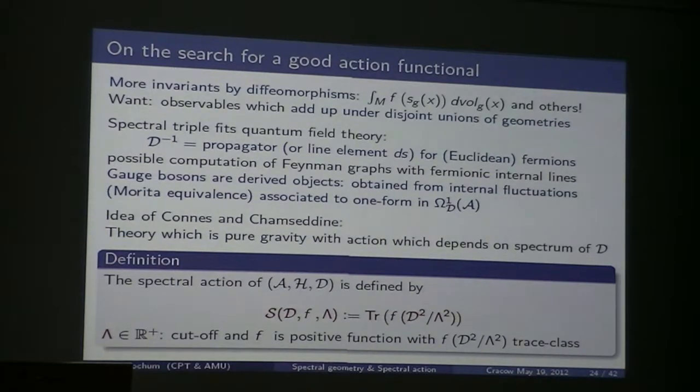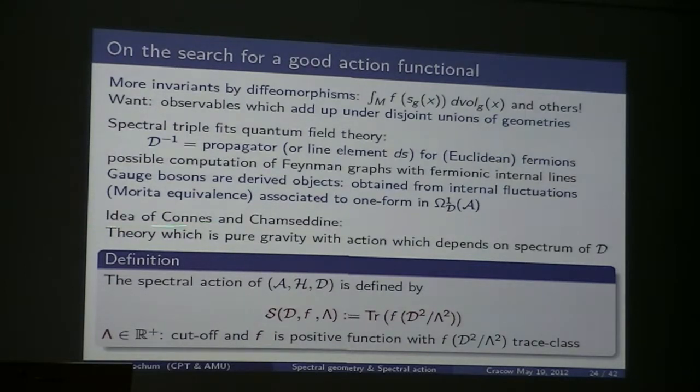And this also means that when you have D and you have all this fluctuation, what you have in mind is just that the gauge bosons are only derived objects, they are not primary objects. And they are obtained by this internal fluctuation associated to one form. So there is an algebraic setting for that, which is just Morita equivalence, and which has nothing to do with fermions or bosons. But this is why you can justify not only to mimic the commutative situation, but to do something like that.